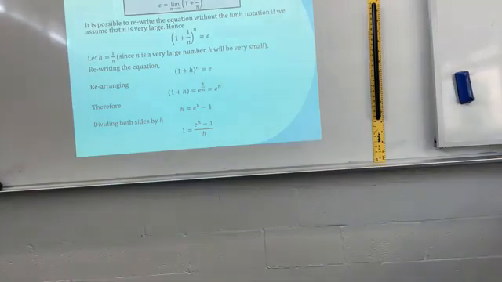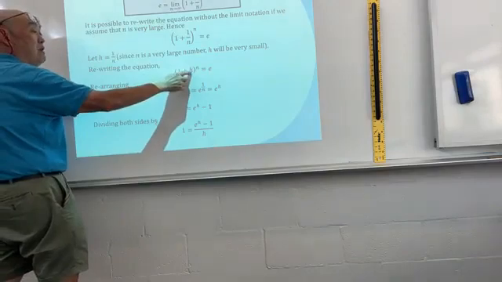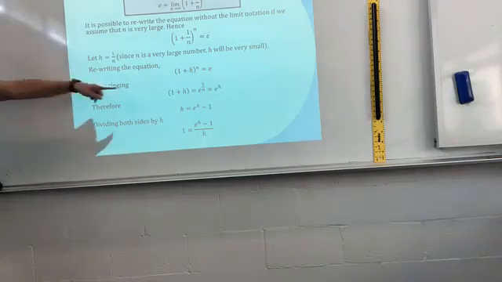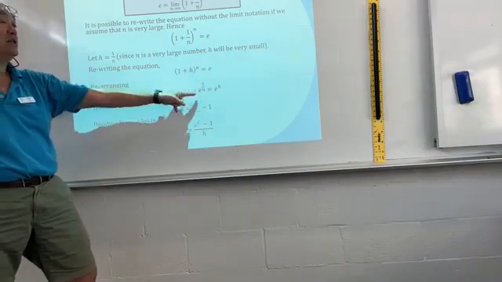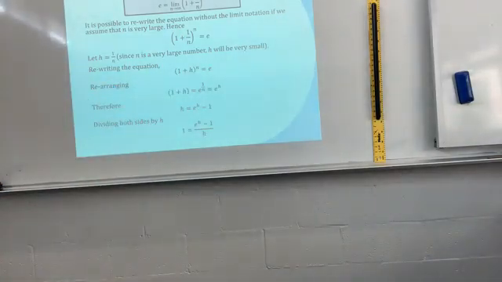Do you agree with me? Then we can rewrite this as 1 plus h, to the power of 1 over h, equals e. Rearranging this, we take the nth root, which is 1 plus h equals e to the power of h. Correct?